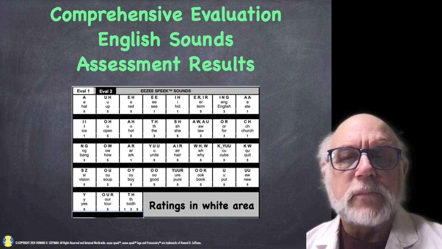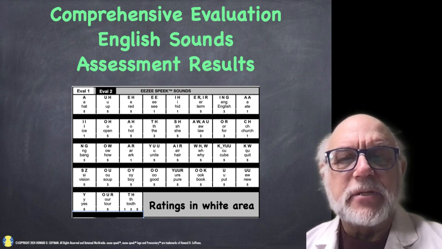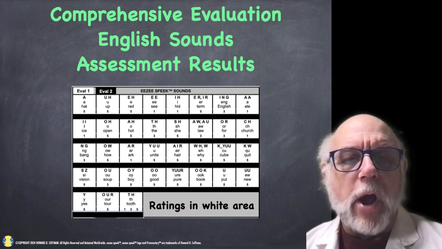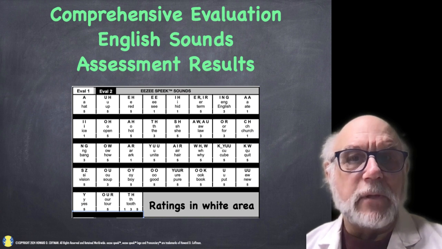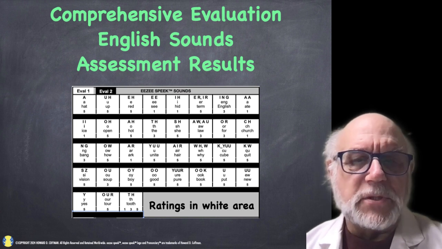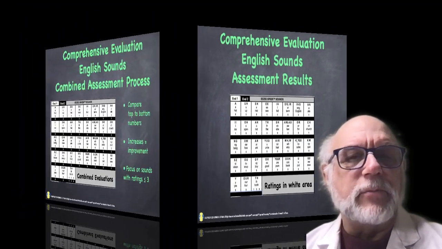Aw and or are both 3, but can use some work. CH in church, very difficult for many, many people. We scored that a 1. R in arc was also scored a 1. I'm just looking at the lowest numbers here, folks. Oo in soup and tooth, we did not score. Things happen when you move quickly.